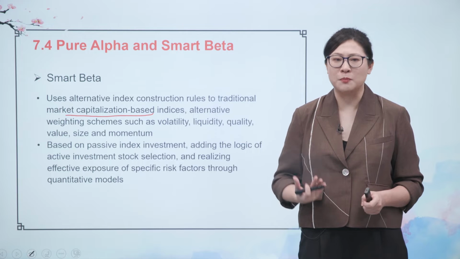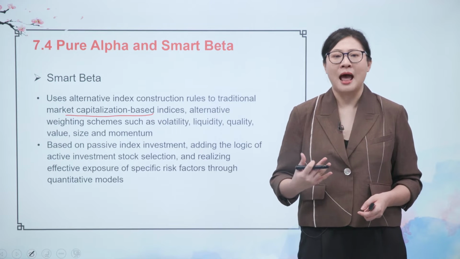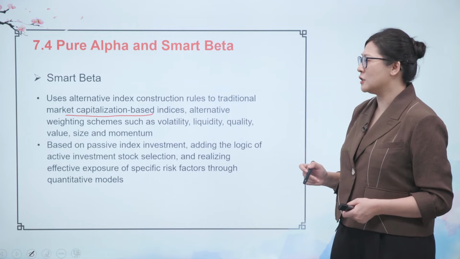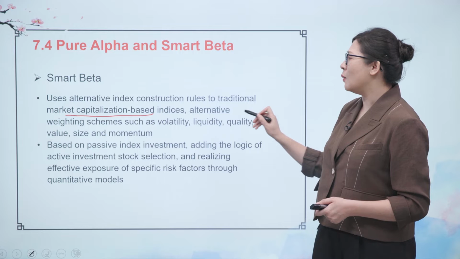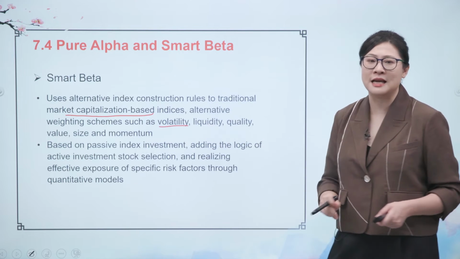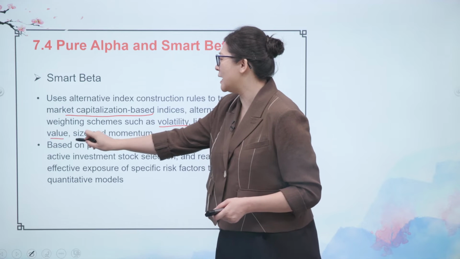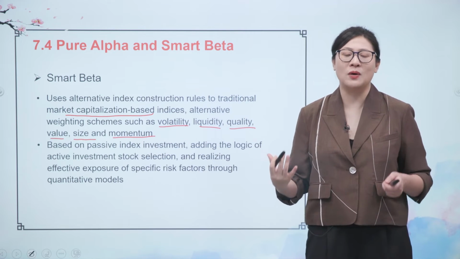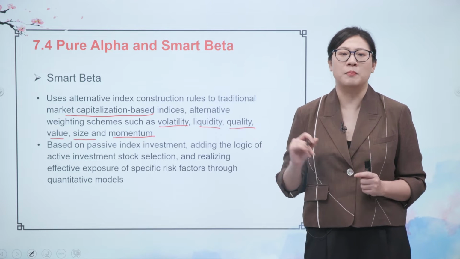But smart beta uses a different strategy, and we use other weights compared with market capitalization. The alternative ways might be based on volatility, liquidity, quality, value, size, or momentum. So based on different factors, we can construct different weights for our smart beta portfolio.